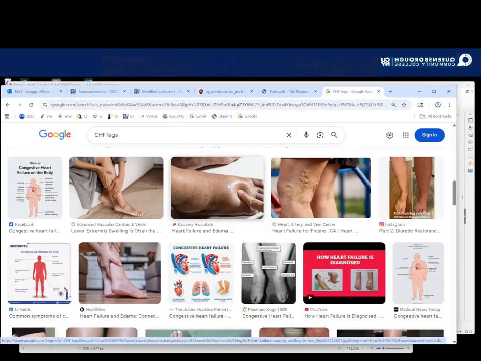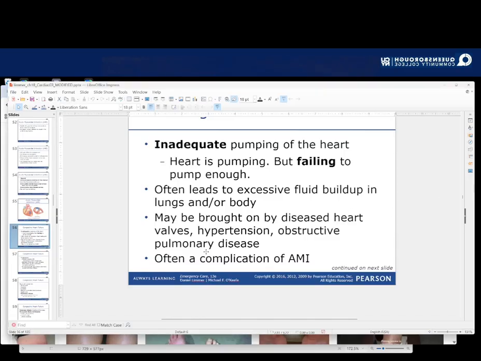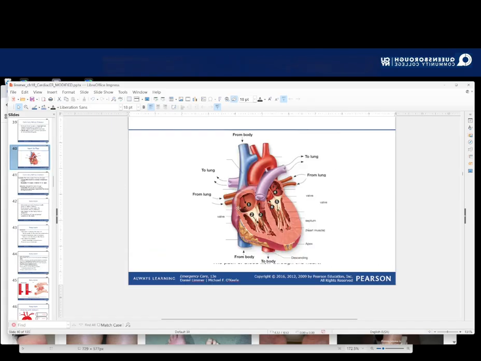That's what edema, which is swelling from congestive heart failure, tends to do. Let's go back to the cardiac flow. Blood trying to get into the right side of the heart is backed up, and some of that blood came from the legs, but the veins in the legs are getting congested, and that causes water to leak out and causes swelling in the legs.